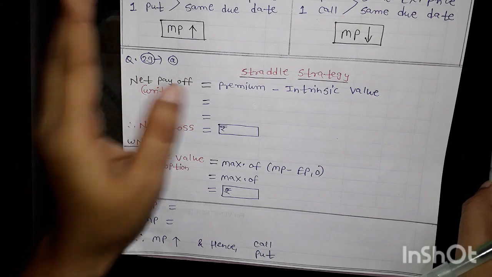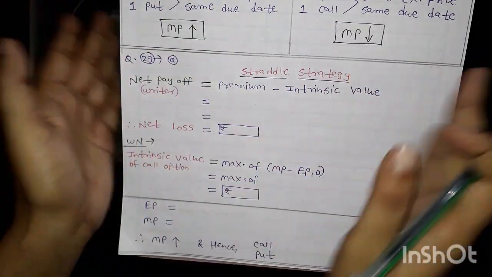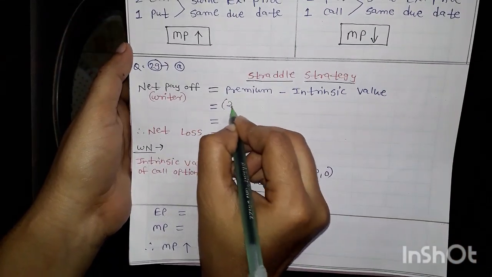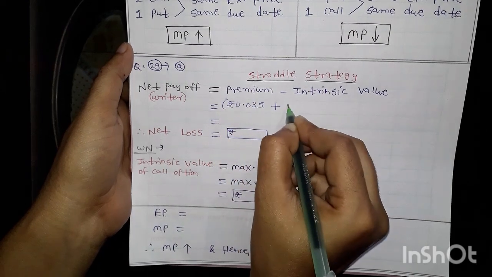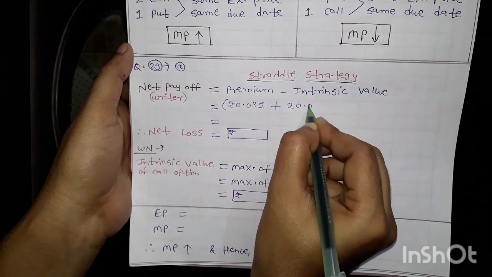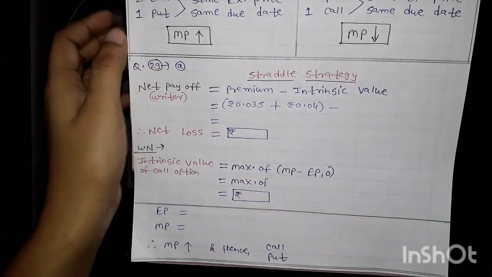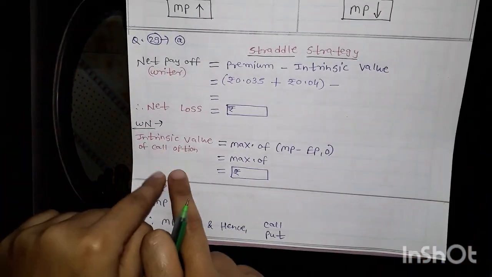One is 0.03 and another is 0.04. Because he is a trader, he is going to receive that. So 0.035 plus 0.04 minus intrinsic value.